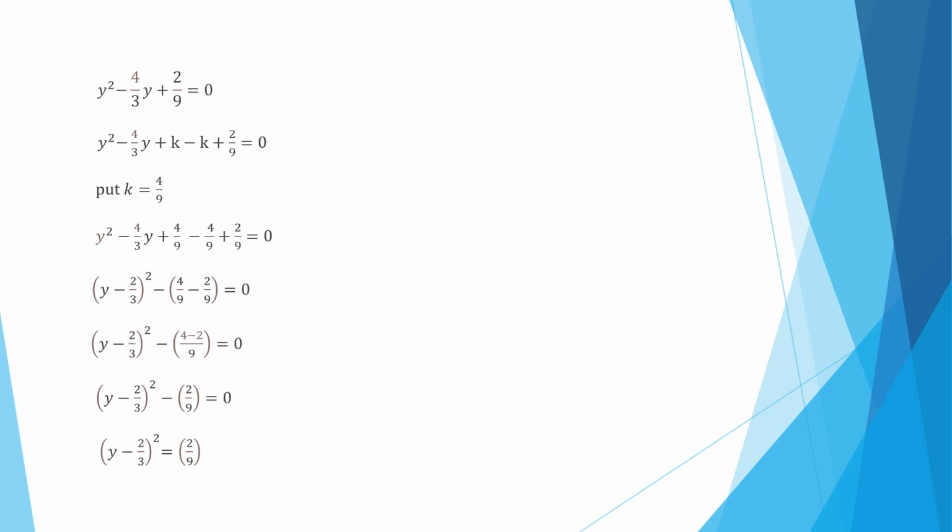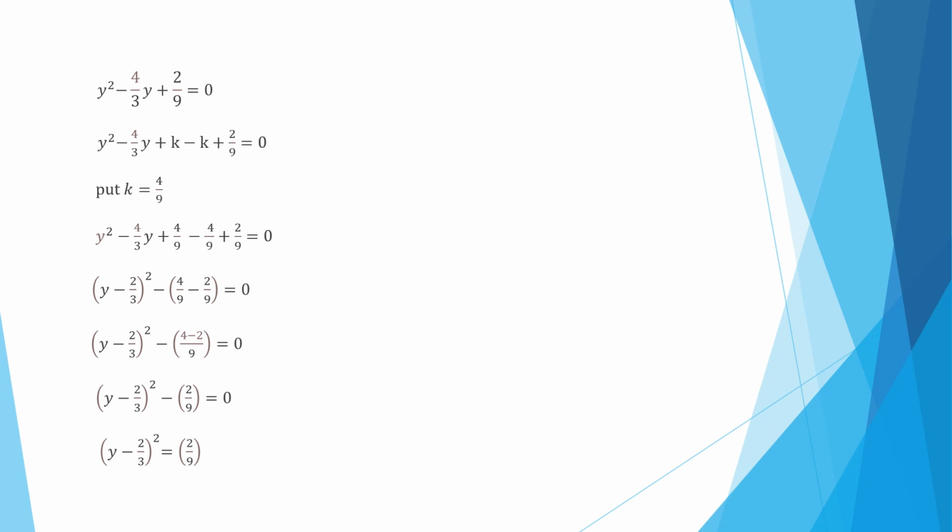So then the equation becomes y square minus 4 by 3y plus 4 by 9 minus 4 by 9 plus 2 by 9 is equal to 0. Then we solve this equation. After observing, y square minus 4 by 3y plus 4 by 9 is the square of y minus 2 by 3.